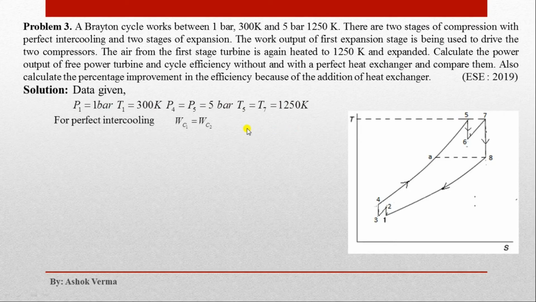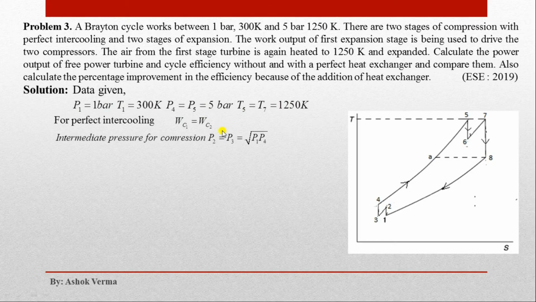So for perfect intercooling, we have also derived that the work done on compressor 1 will be equal to the work done on compressor 2. So you can calculate the work input for any one of the compressors.